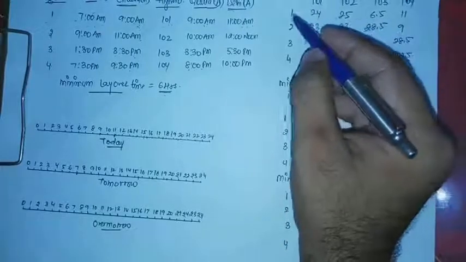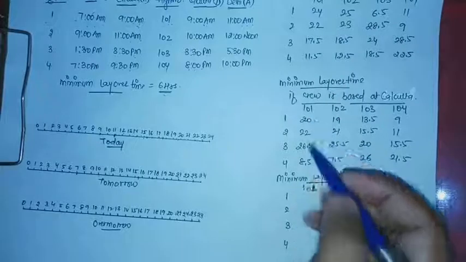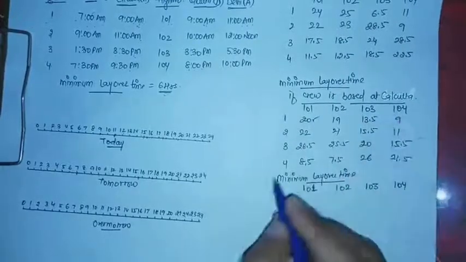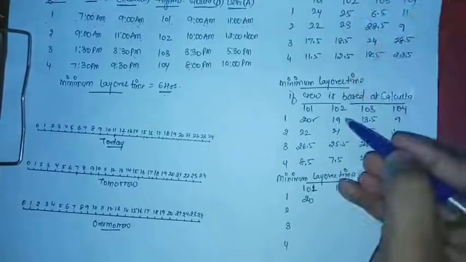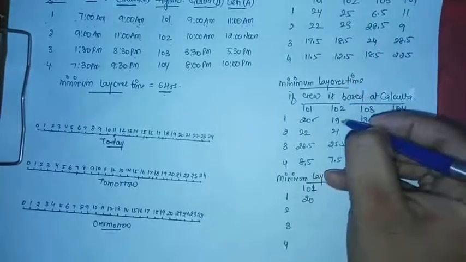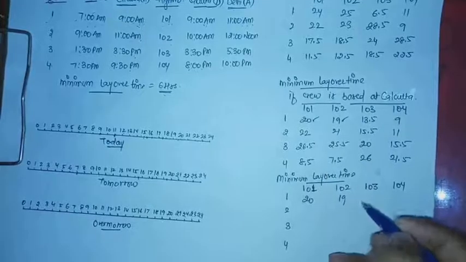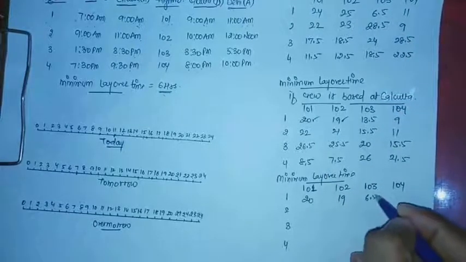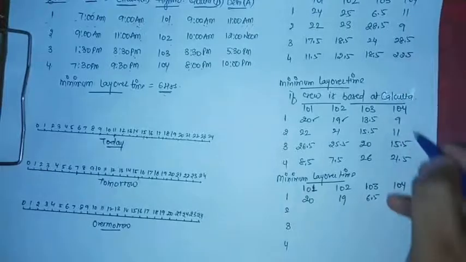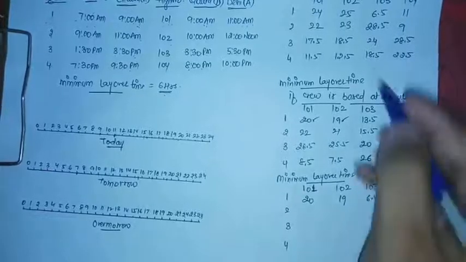Let's see, at 101 the point is 24 and 20, whichever is minimum, this one. Okay, so we are going to write 20. Let's see, 25, 19, so 19 is the minimum, 19. 6.5 or 13.5, 6.5. 11 or 9, 9.